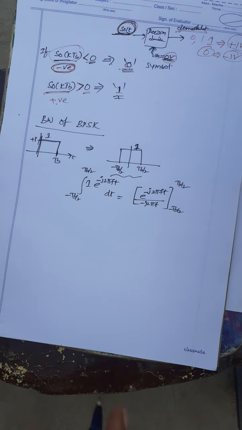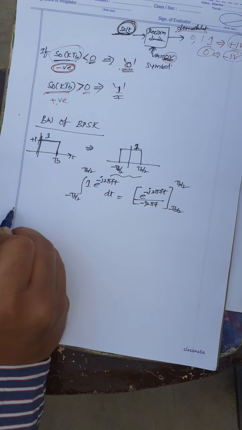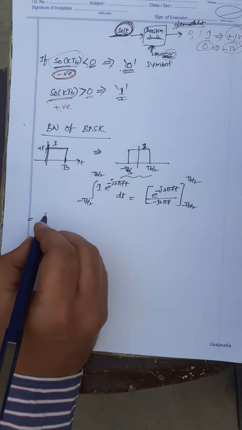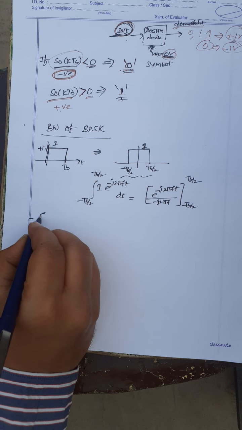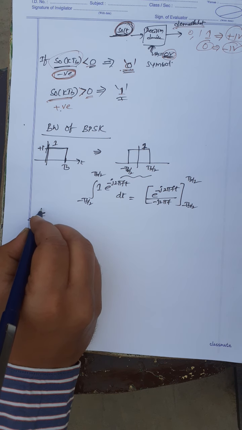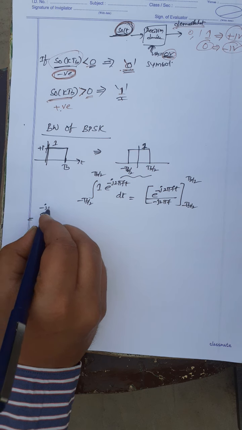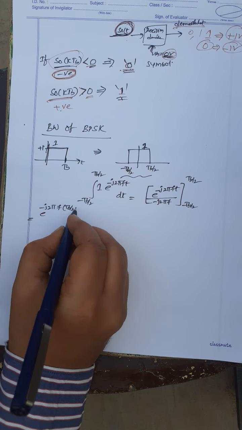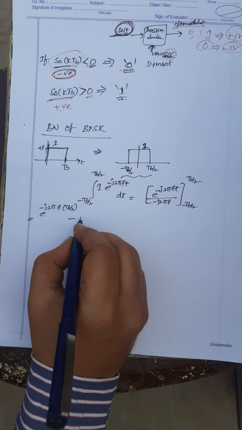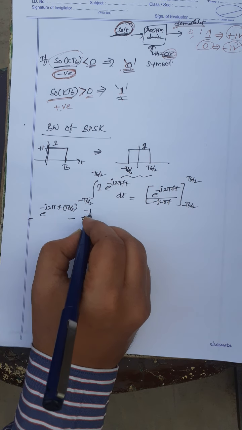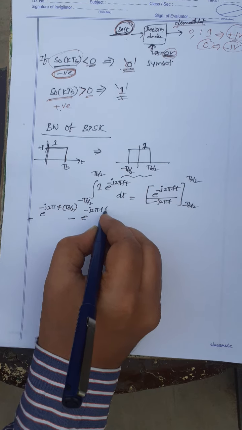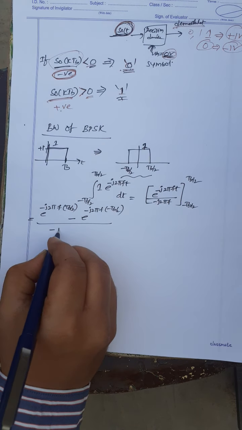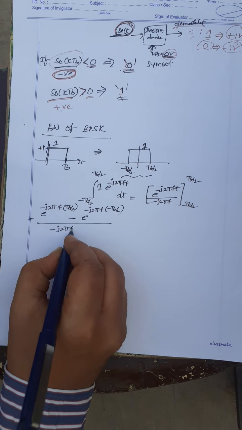Now by substituting that, we will get e power minus j 2 pi f Tb by 2 minus e power minus j 2 pi f minus Tb by 2, divided by minus j 2 pi f.